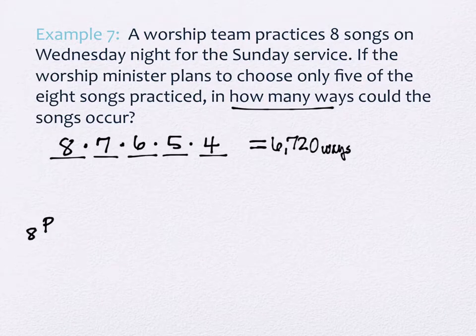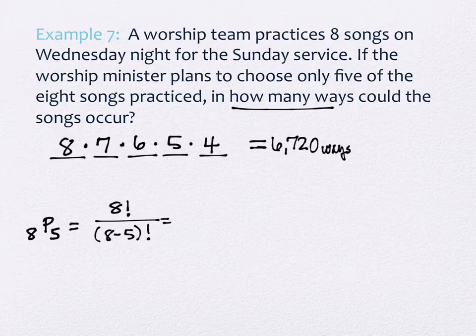We are having 8 objects and we're choosing 5 of them. And from the perspective of that formula, remember the first number, the larger number, goes on top. And then on bottom, it's the subtraction of the 2. You don't have to write out 8 minus 5. You could just write out 3. But it is the subtraction of the 2. So we end up getting 8 times 7 times 6 times 5.